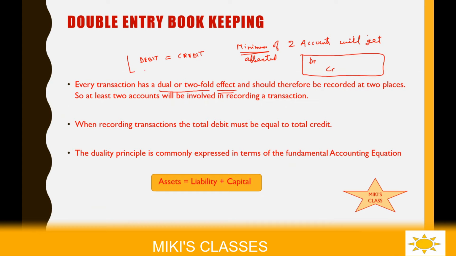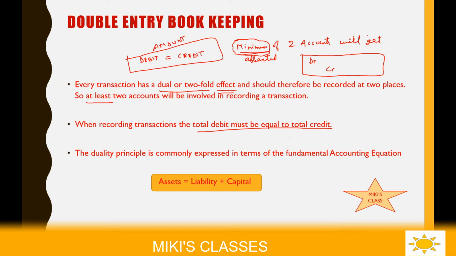In terms of money. Fine. This is in terms of the amount. Say 10 lakhs here, then 10 lakhs on the other side too. Okay. When recording transactions, the total debit must be equal to the total credit.